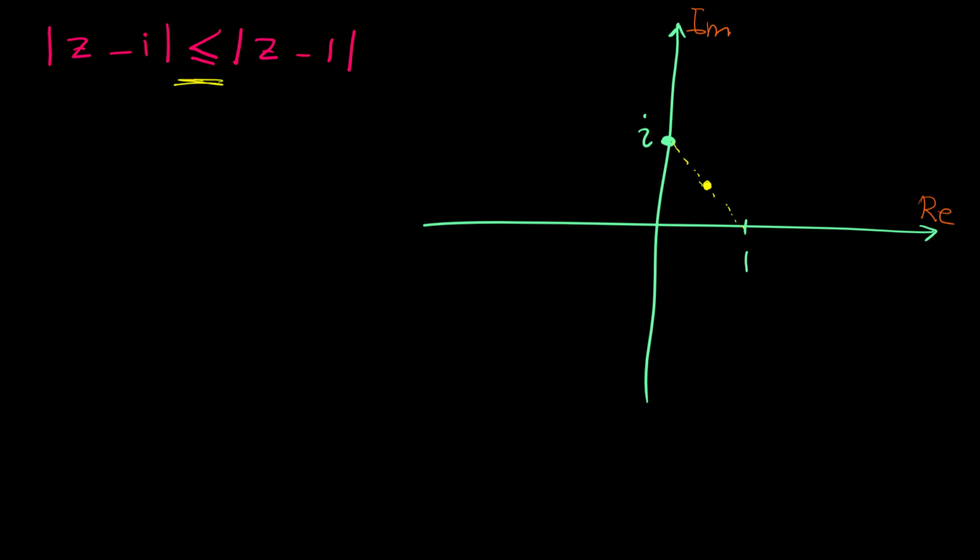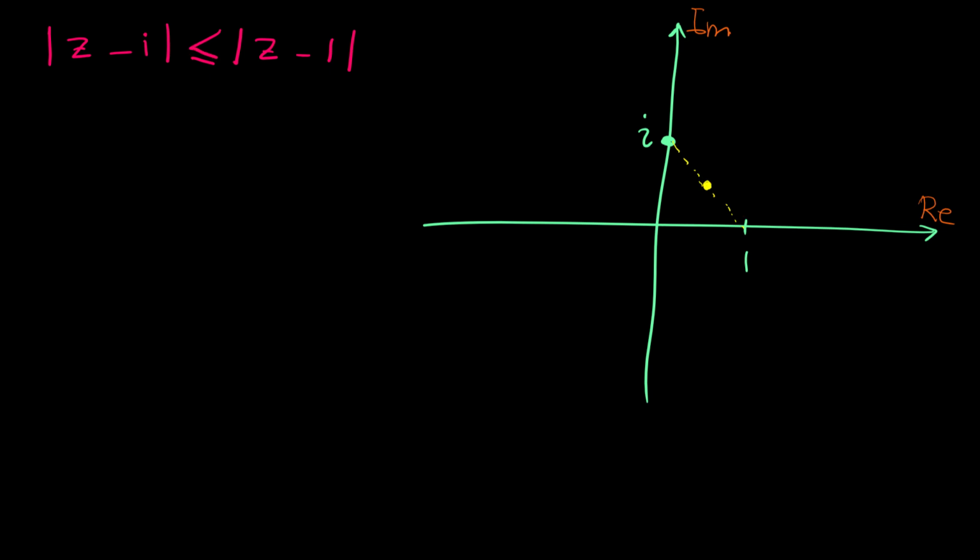And it is part of the answer because we have the equal sign. So for this point, the distance from i is the same as the distance from 1. But we are looking for all the points whose distance from i is less than the distance from 1.